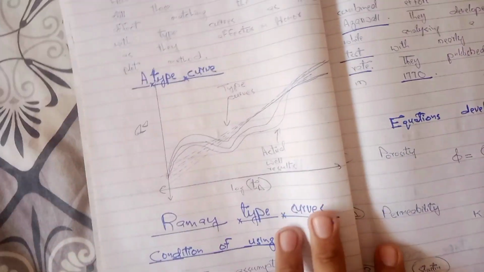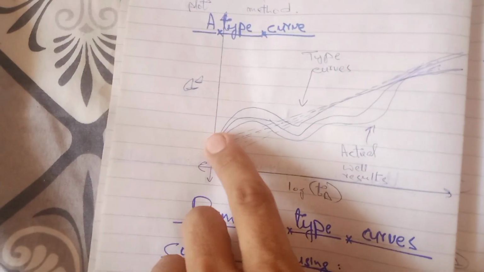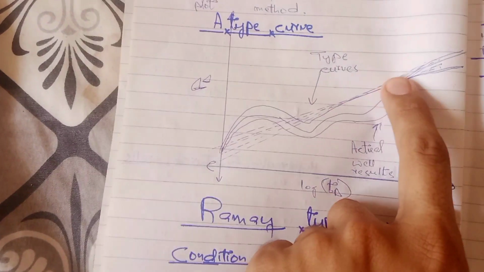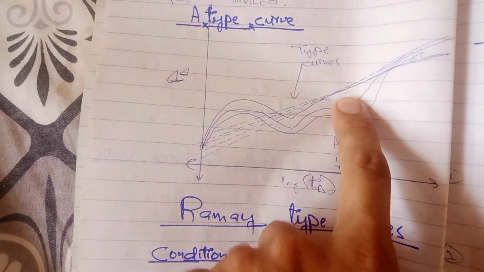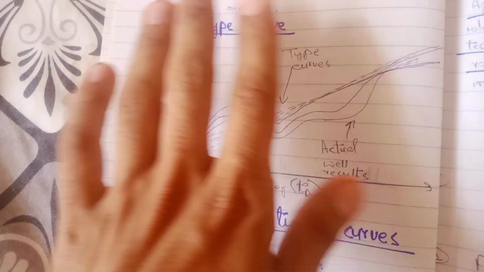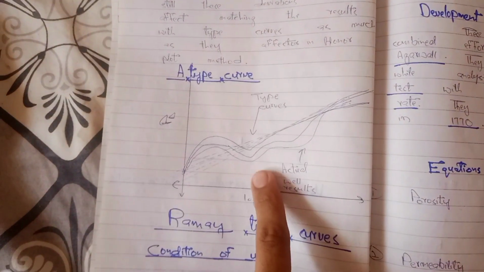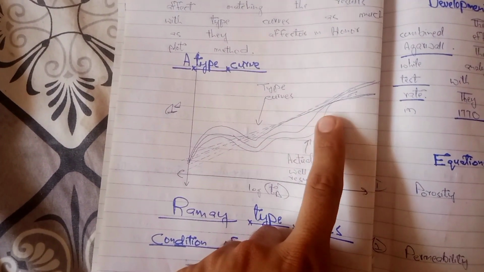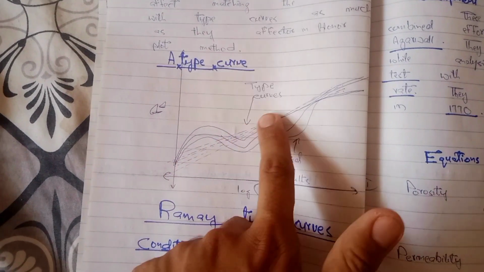For example, here I have a type curve. These straight dotted lines moving upward are actually the well results. So an engineer draws different type curves on this semi-log graph, and he sees that these ones are the best matching ones for his actual well results, and whatever formulas are involved with these type curves, he will use those.